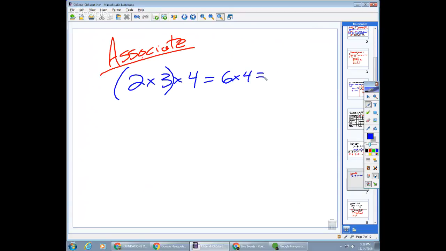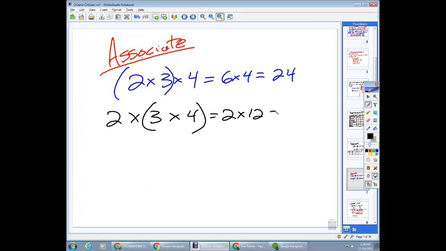On a good day, that's 24. What about if we switch it? 2 times 3 times 4. So to associate, you do not change the physical order. You're not commuting. You're just regrouping: 3 times 4, 12. 2 times 12, hey, that's still 24.